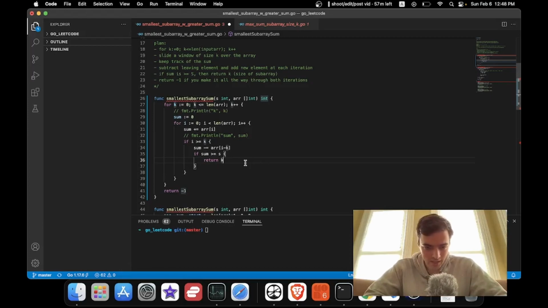That's O of n squared time complexity, and not ideal, but it was just a first solution.